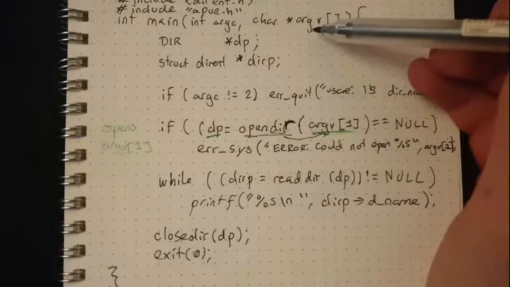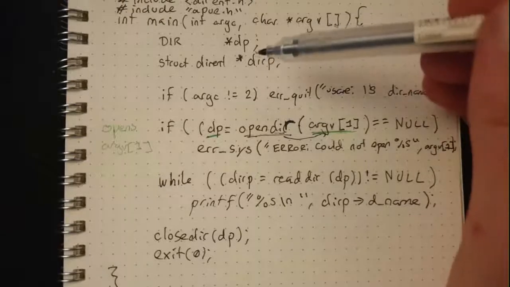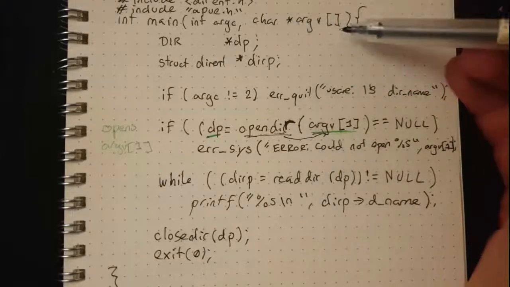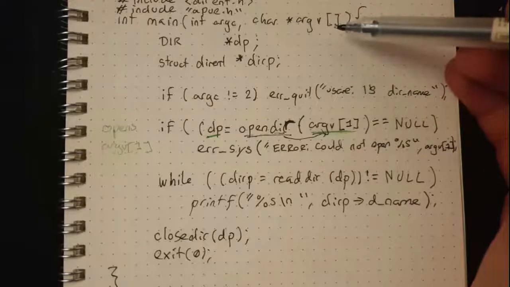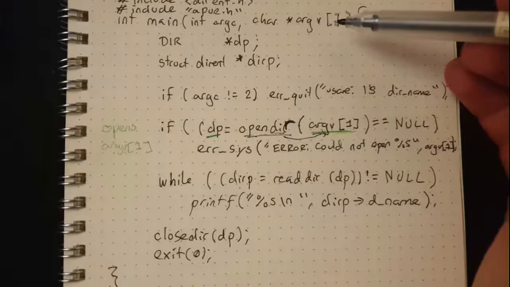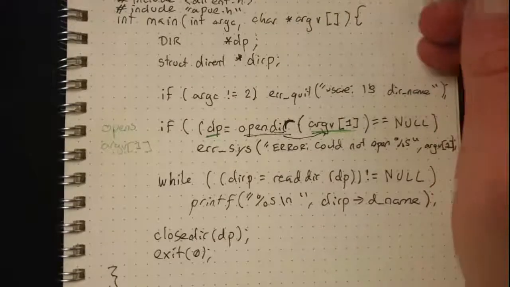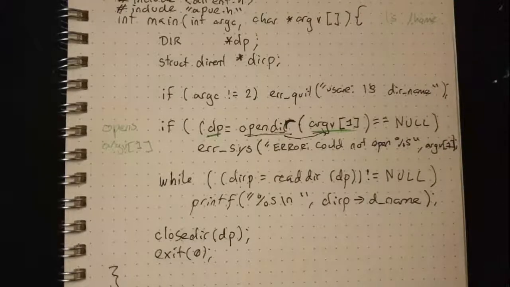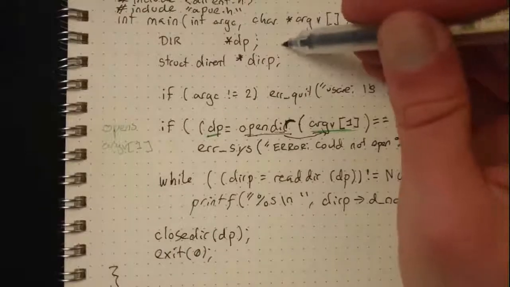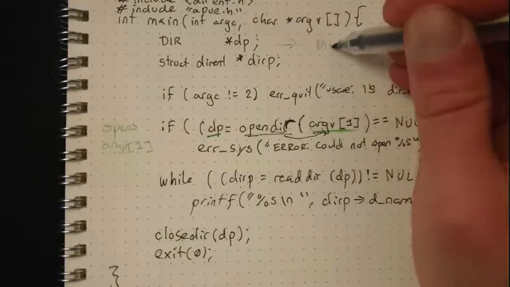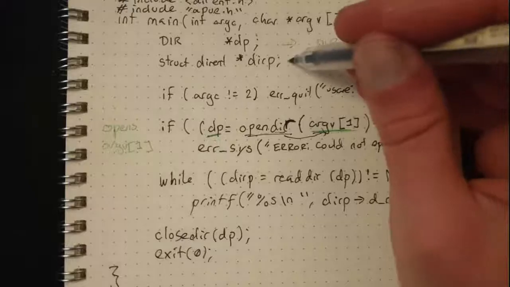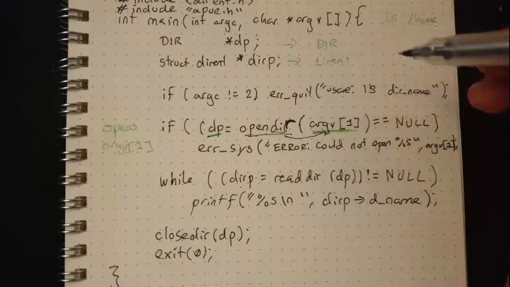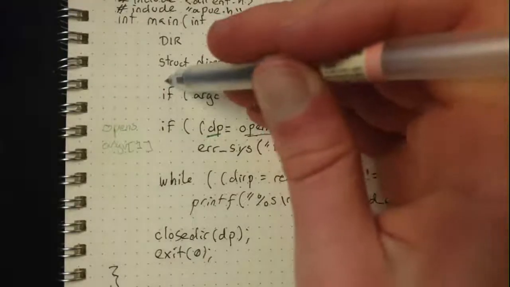So that would be ls, argv 1, which would be, for example, ls /home. It assigns a pointer to the directory structure and a dirent structure. It checks that you entered the command correctly.